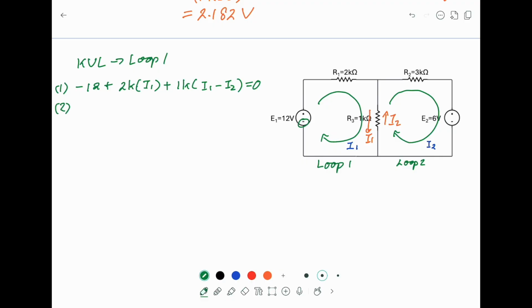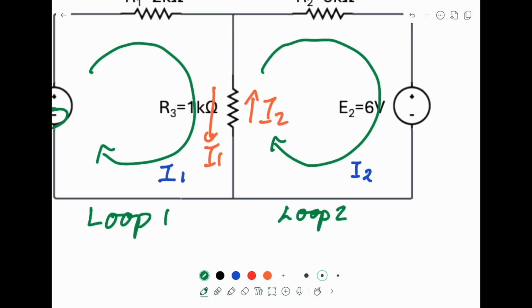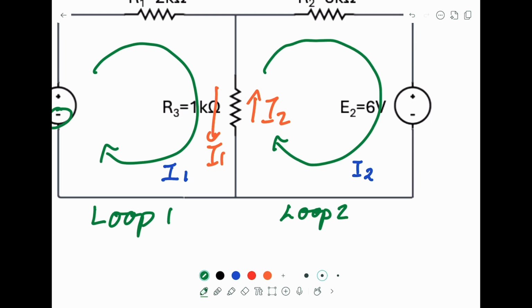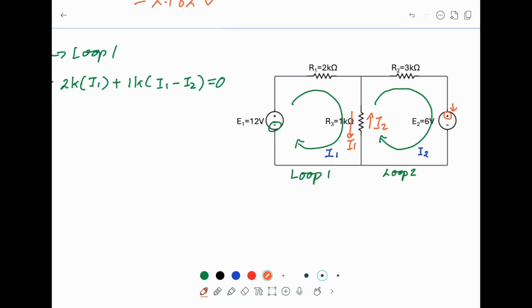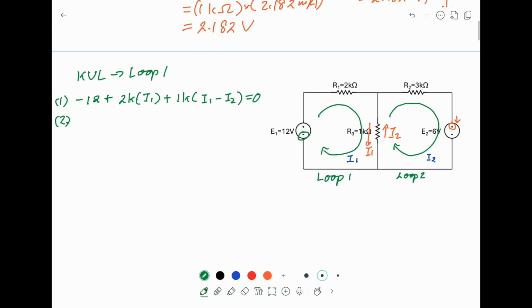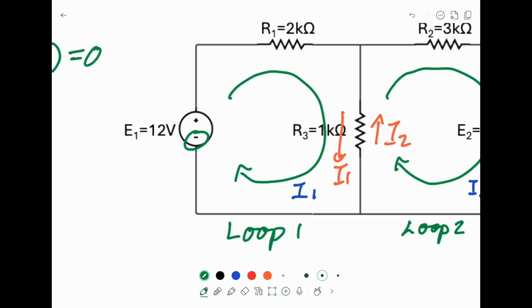Equation 2, we do the same thing. The only difference this time is the I2 enters E2, the voltage source 6 volt, from the positive side. So we can write this one as positive 6. When we analyze R3, the same argument, we have to maintain the current I2 through this direction.